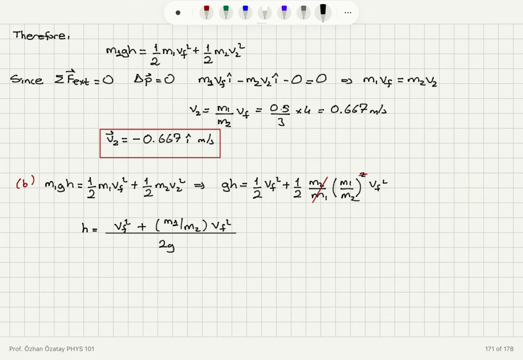If I factor this, it is v final squared over 2g, times parentheses 1 plus m1 divided by m2. So h will become, v final was 4 meters per second, so it is 16 divided by 2 times 9.8, times 1 plus m1 0.5, m2 3, so 3.5 over 3, which will give me the final answer, 0.952 meters.